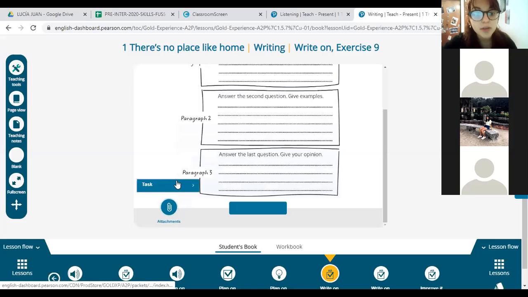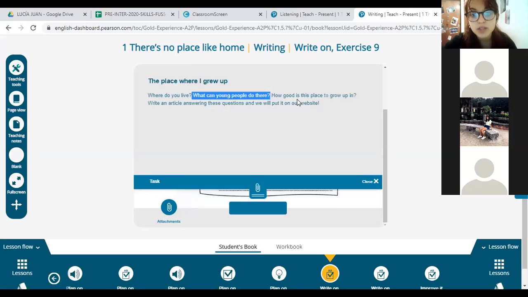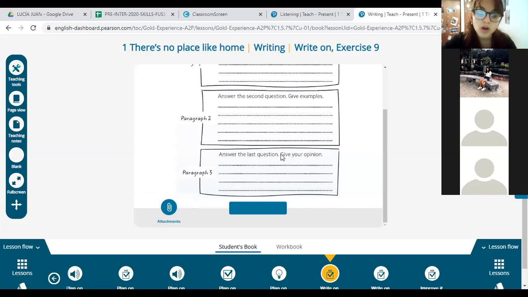And then in the third paragraph, you have to talk about how good this place is to grow up in. Do you understand this question? Yes. So here you have to answer the last question and also give your opinion.